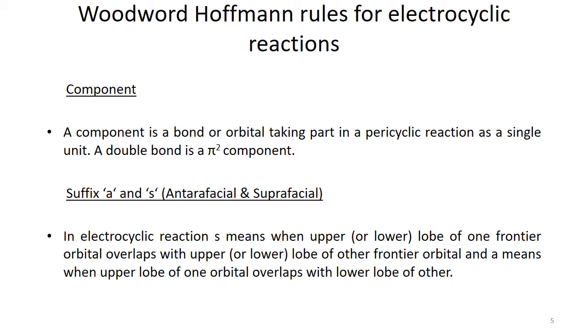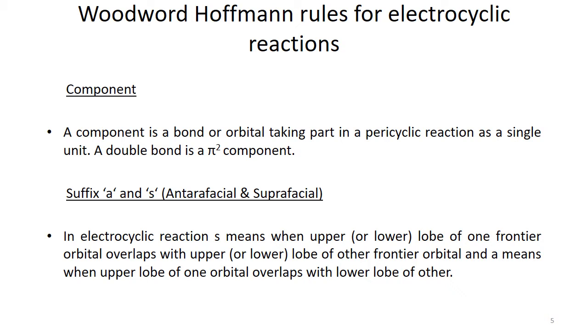This is the same thing we are talking about here. We count the number of pi electrons in a system and mention this number as a subscript. A double bond is a pi2 component. Similarly, hexatriene is a pi6 system. This is how we decide the component.